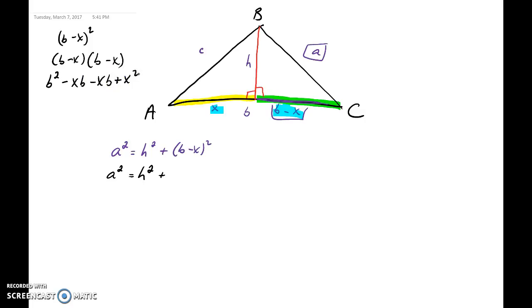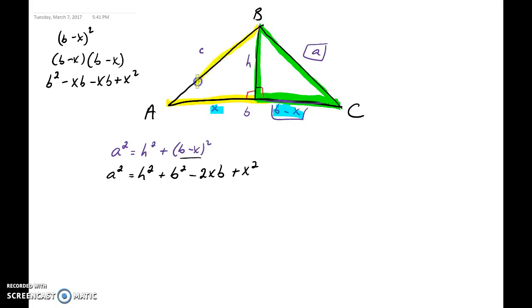So this FOILs out to B squared minus 2XB plus X squared. Now to keep going from here, we have to do a few things off to the side. The first thing we solved for was A squared, using the Pythagorean theorem for just this green triangle.